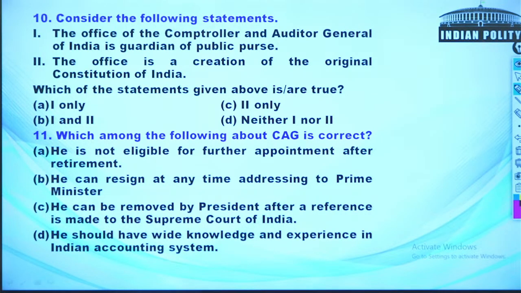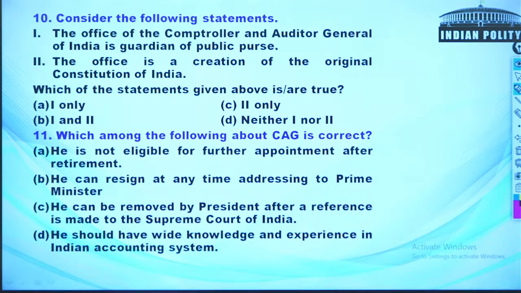Okay, what is the question? The office of the Comptroller and Auditor General is the guardian of public purse. Yes, it is the tagline. He is the guardian of public purse because he ensures that public money is spent in accordance with the law provided for it, and also ensures that there is no misappropriation of public money, and that there is proper authority which has spent the money.